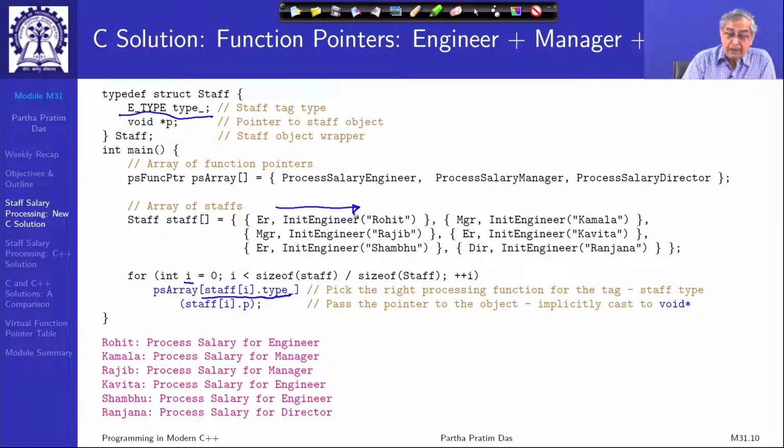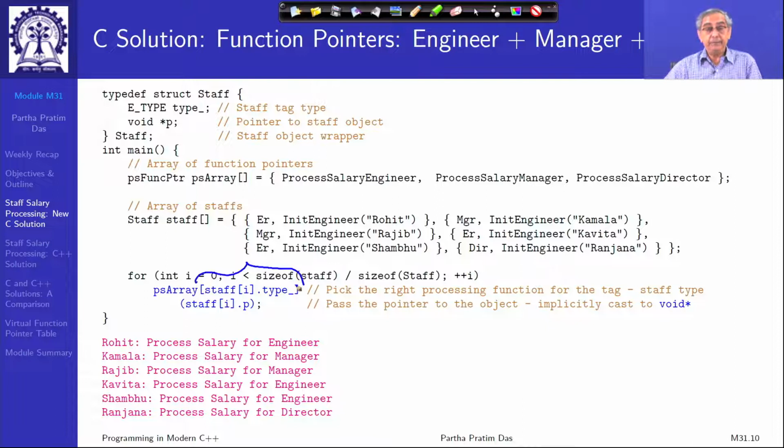So, what I do is I index the array with that tag type. Suppose the first one is ER. What I will get here for Rohit is a 0. So, I am indexing PS array with a 0. So, I get this processing function, which is the write processing function for the engineer. Now, what will I have to pass it?